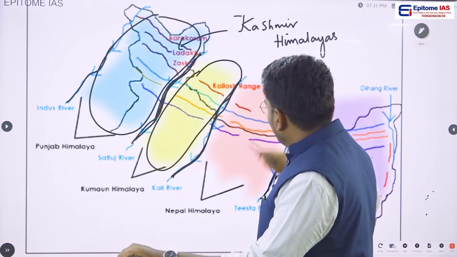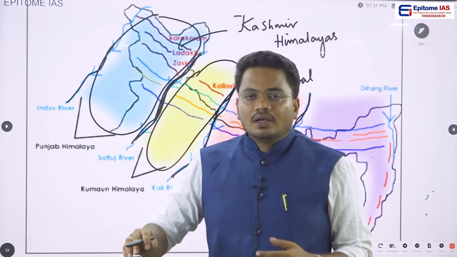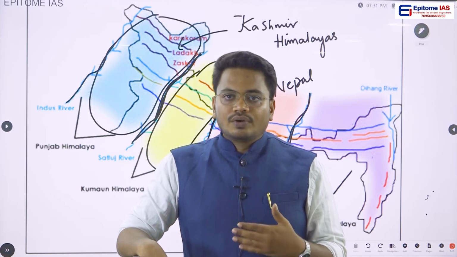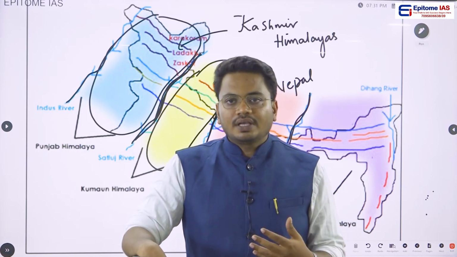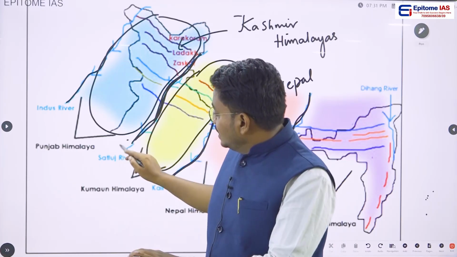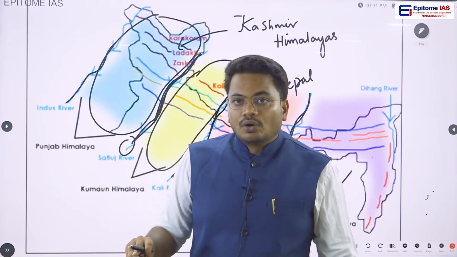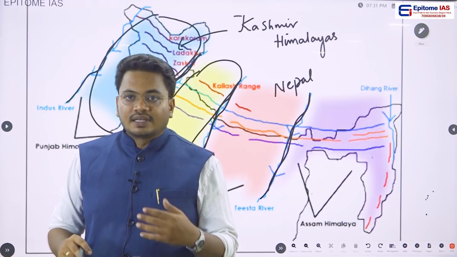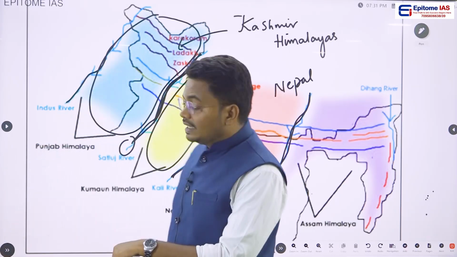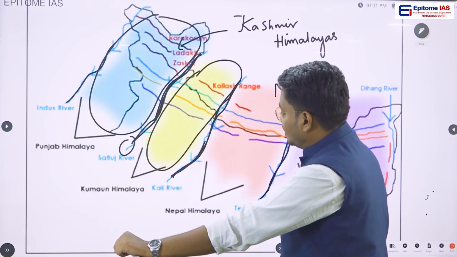Now, if you talk about Punjab Himalayas, the boundary for the Punjab Himalayas would be Indus River in the west and Satluj River in the east. Now, for Kumaon Himalayas, Satluj River will be on the west side and Kali River would be on the eastern side.